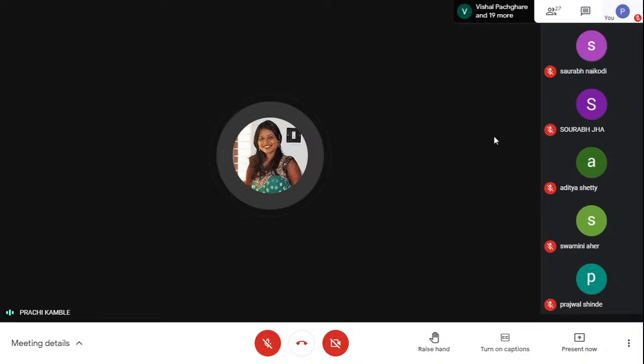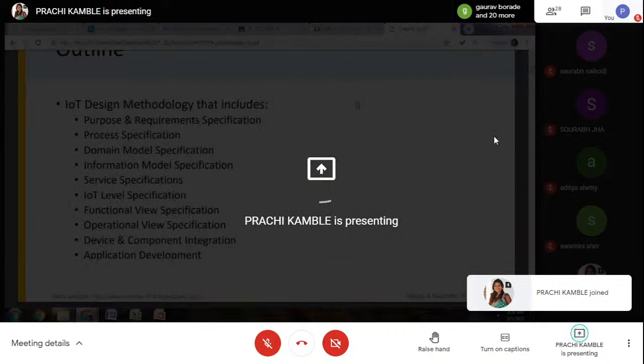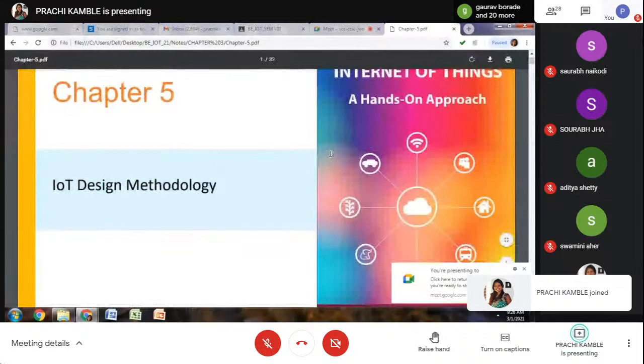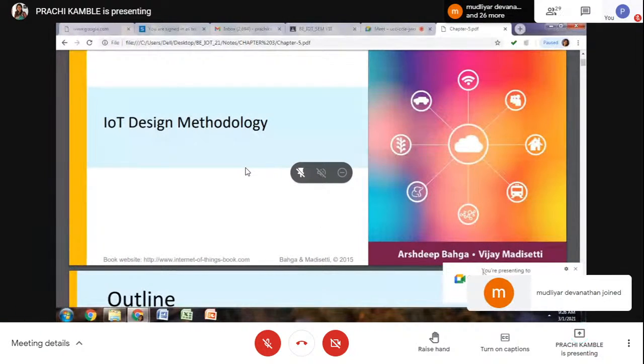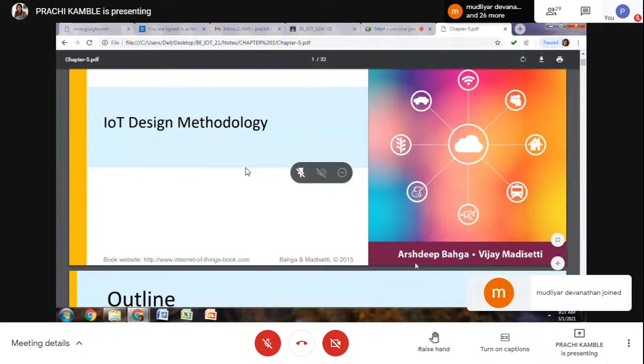So now I will share the PPT. This is the chapter IoT design methodology. For that I am referring to Harshdeep Bahga's textbook.